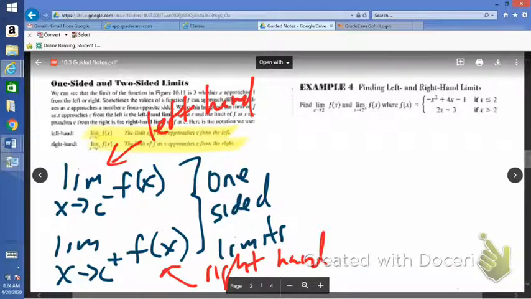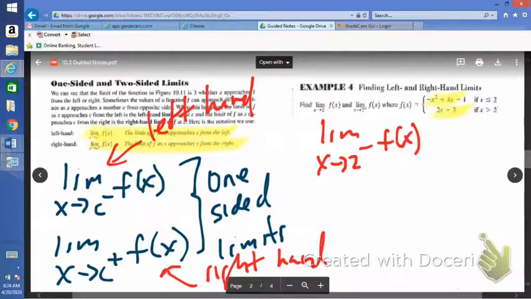Alright, so we want to find the limit as x approaches 2 from the left. That's our left-hand limit of f of x. Alright, now we have a piecewise function here. Alright, so we have two different functions. Which one are we going to use?